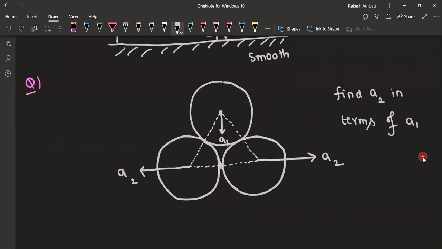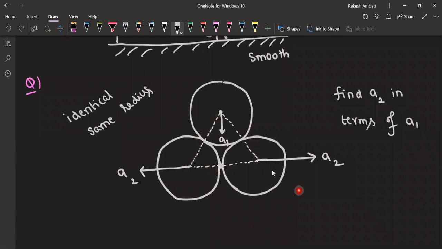And in the question, all these are identical spheres. Identical means the same radius is given. Same radius means what type of triangle is it? It is an equilateral triangle.